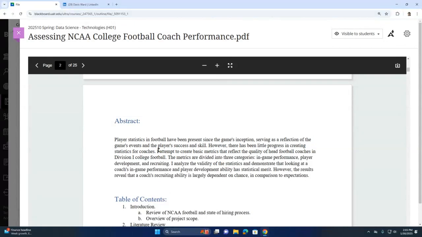And so what he did is he decided that he wanted to collect data as well as create some basic metrics that schools could use to predict, based on how a coach had been performing, how likely it is that their success would continue in the future.